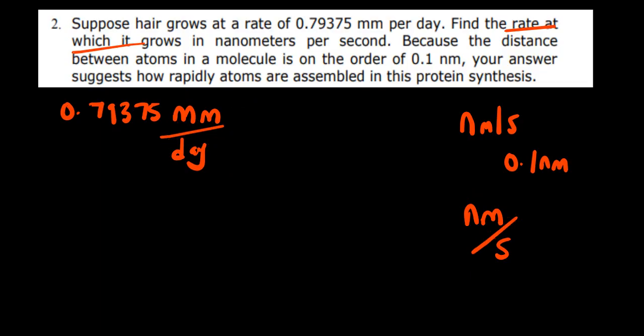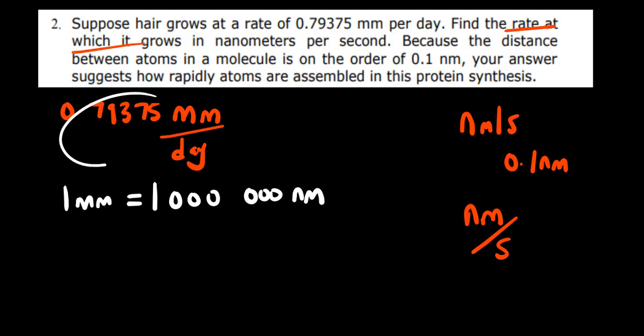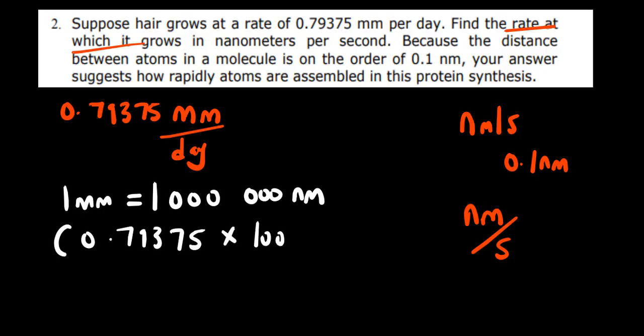Let's start first with our millimeters. You know that 1 millimeter is equal to, because we're talking about nanometers, we solved this one early, 1 million nanometers. Now to convert the 0.79375 to nanometers, we're multiplying by 1 million.